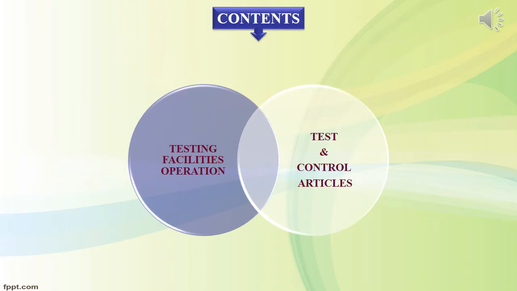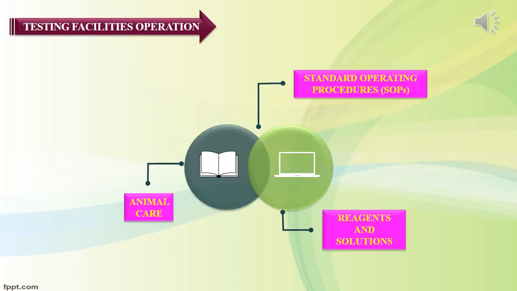The contents of today's discussion are testing facilities operation, and test and control articles under GLP. Testing facilities operation comprises three parts.